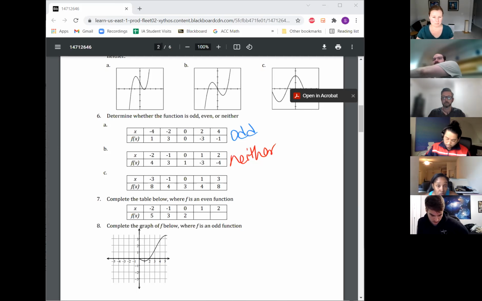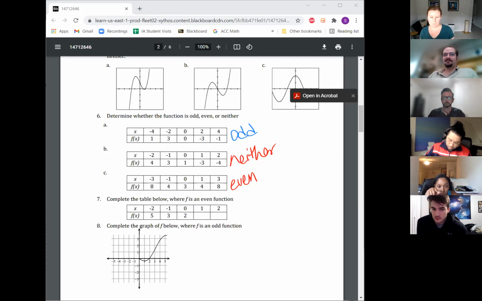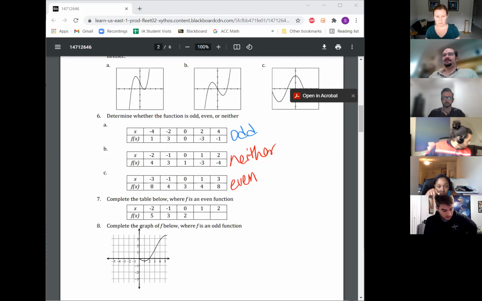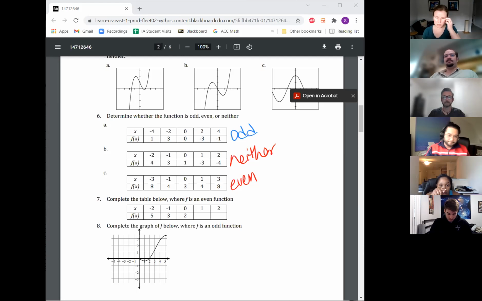For this one, I got even. Okay, why is it even? Because the Y's along the bottom are all the same sign. They never change. So this could be like a 3 and this could be like an 18 and it would still be even? No. Oh, okay. So not just the sign, what else? Oh, I'm not sure.